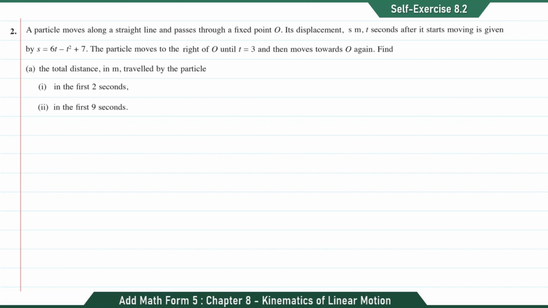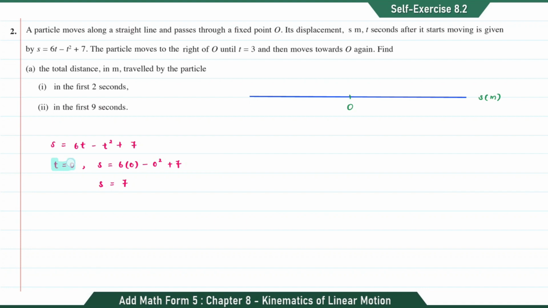Find A, the total distance in meters traveled by the particle in the first 2 seconds. From this displacement function, when we substitute t equal to 0, the displacement will be 6 times 0 minus 0 squared plus 7. Then the displacement is equal to 7.